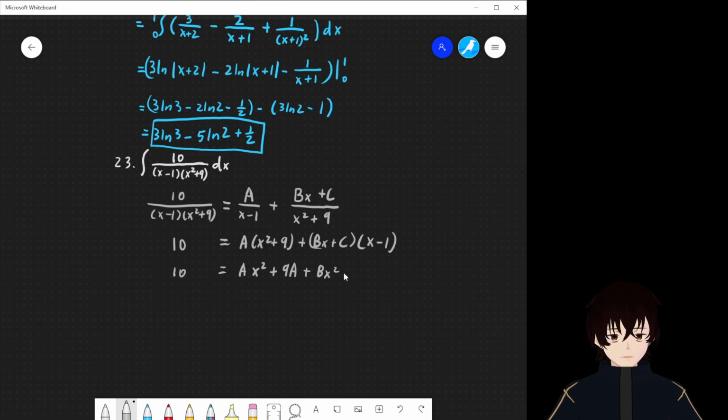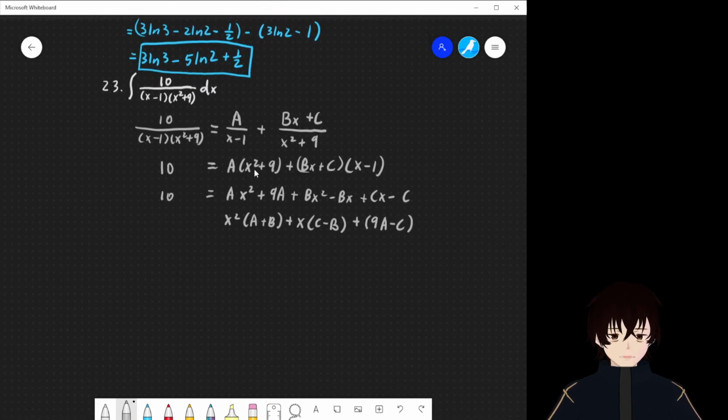Plus Bx squared minus Bx plus Cx minus C. So x squared, A plus B, plus x, C minus B, plus 9A minus C. Is that all the terms? 6 terms? Yeah.